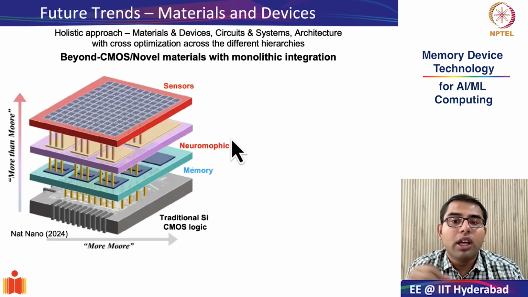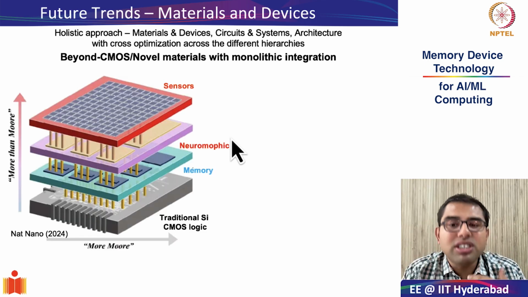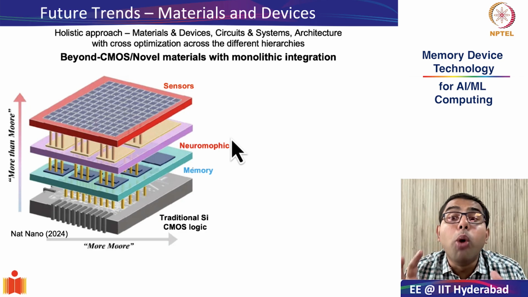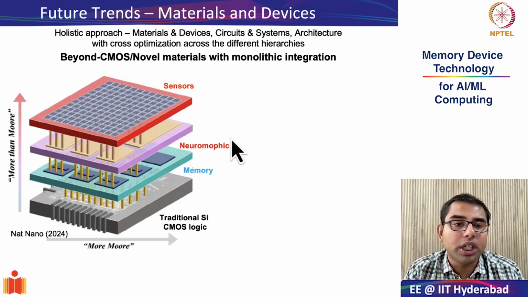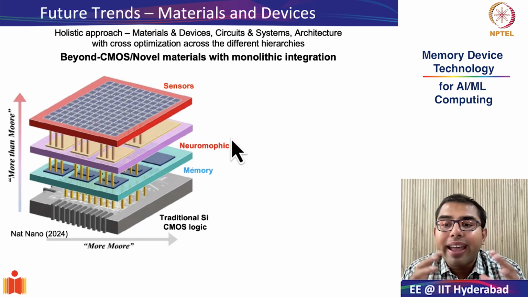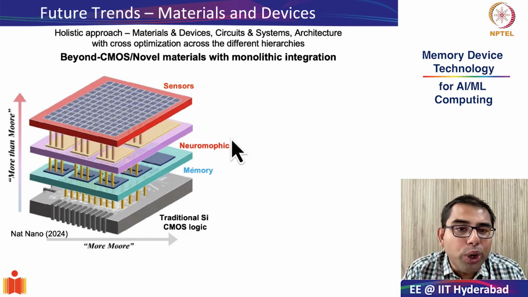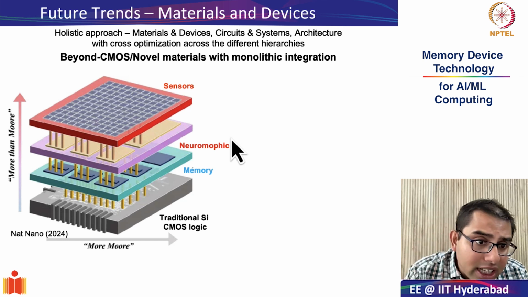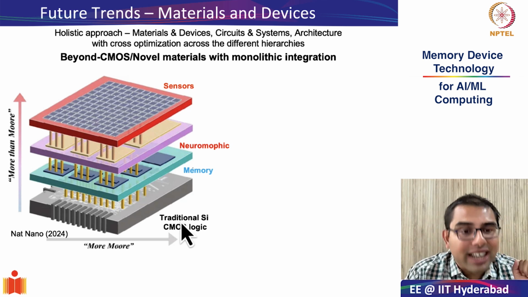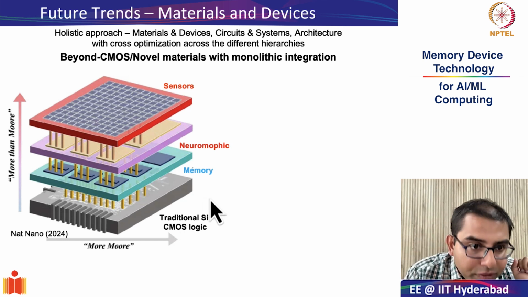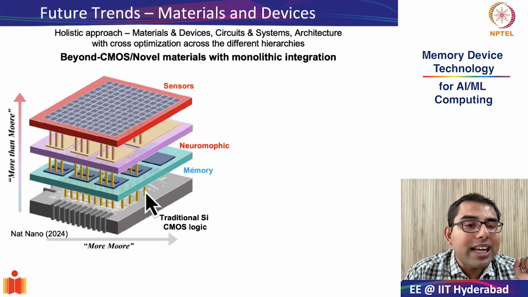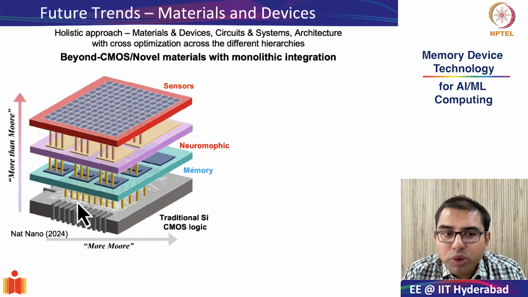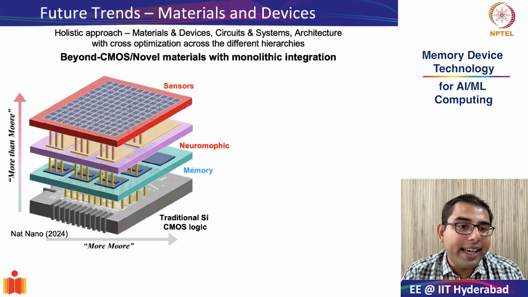And as you can see, the primary advance that people are looking at is in the strategy of doing monolithic 3D integration. And this particular image explains what is the value of doing monolithic 3D integration. It is primarily the fact that you may have front end of the line compatible silicon CMOS logic, which performs very well for digital applications.